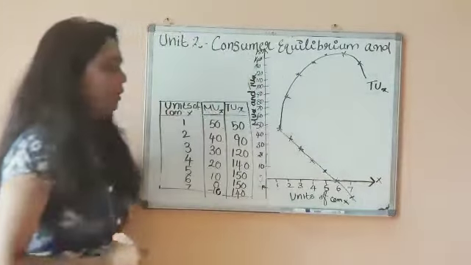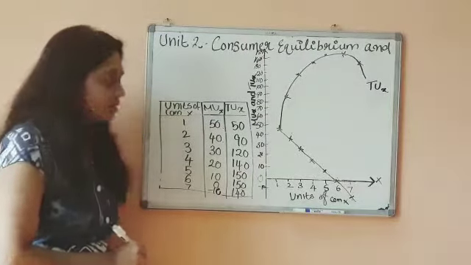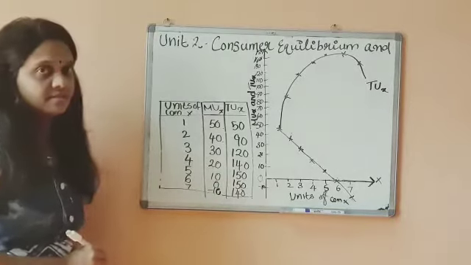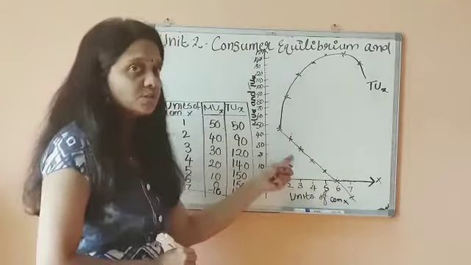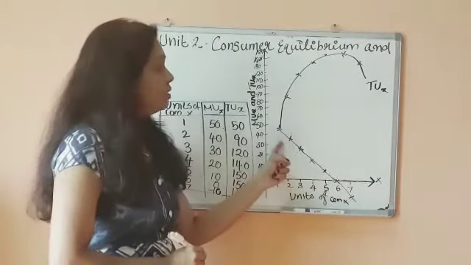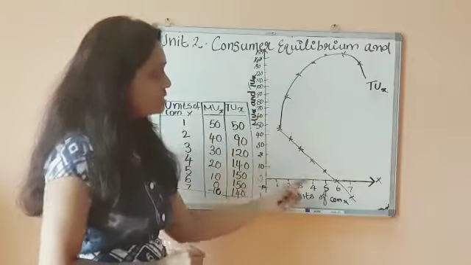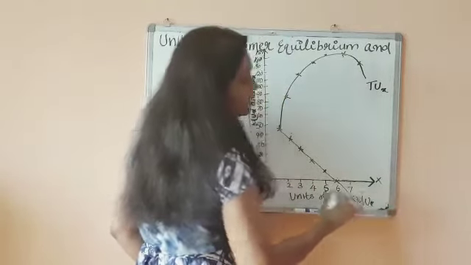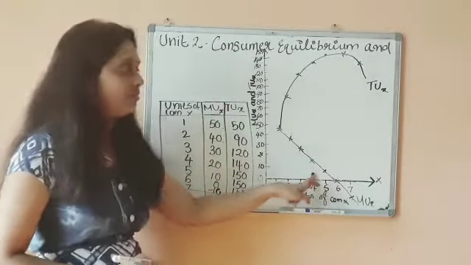Now how do we know whether our diagram is correct or not? The maximum point is at 6. Now you can see the relationship here. When TU is increasing, what is happening to MU? When TU is increasing, MU is positive.